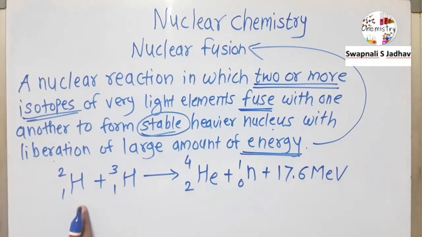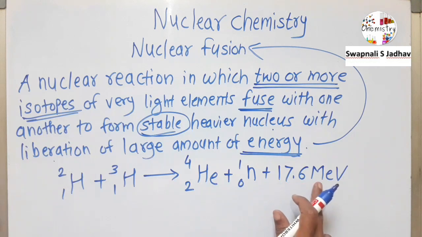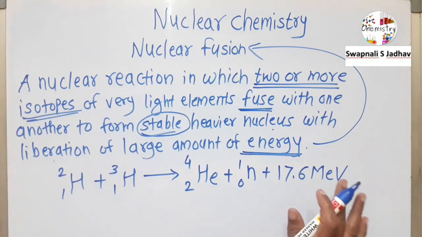Okay, this is the example. Deuterium when fused with tritium, then there is formation of helium nuclei with emission of neutron and with liberation of 17.6 million electron volt energy.